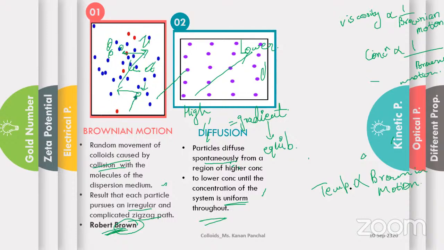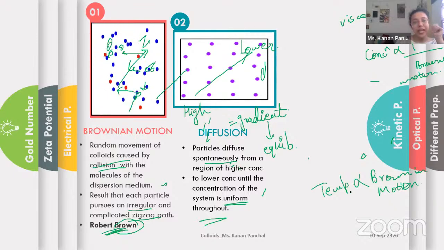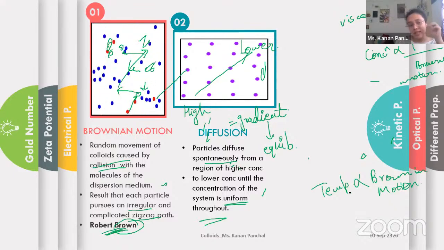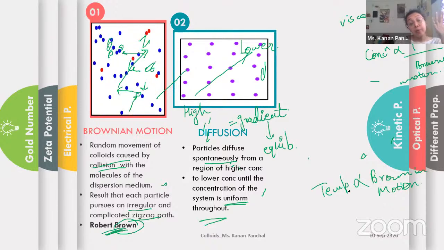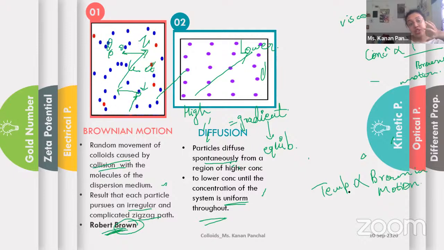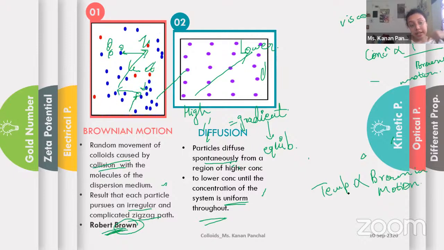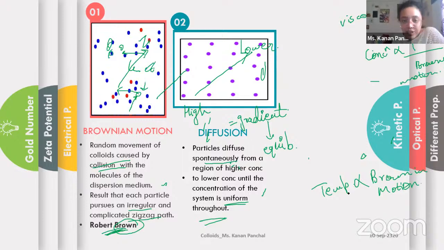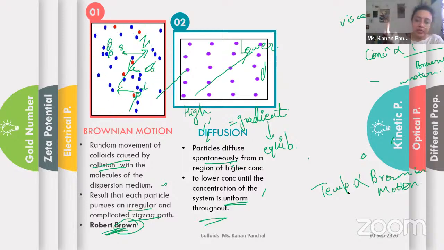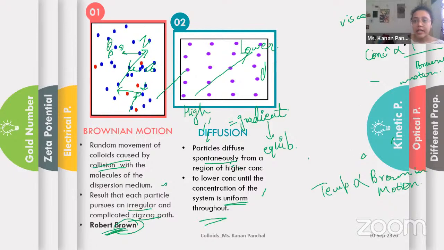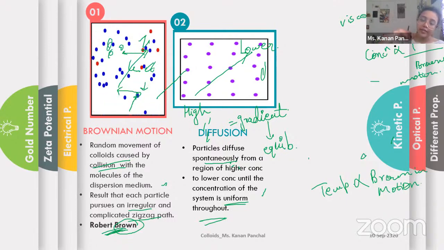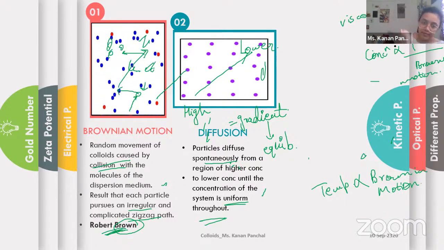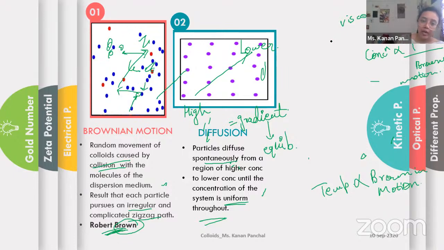Thank you, this is the way you need to explain this. If you provide more thermal energy, the molecules absorb that energy and their kinetic energy increases. Kinetic means what? Energy which is related to motion. So viscosity and concentration have an inverse relation, temperature a direct relation with Brownian motion. Understood everyone?